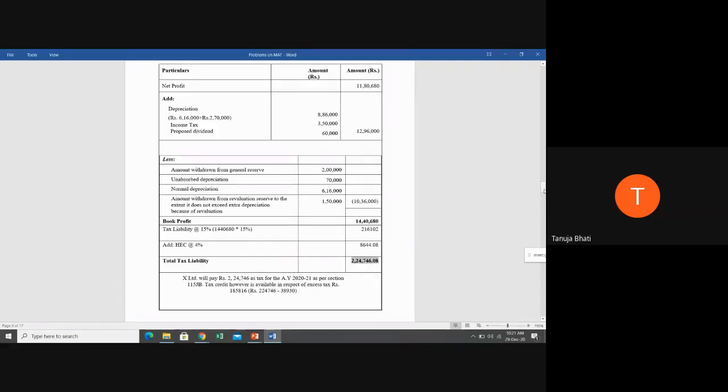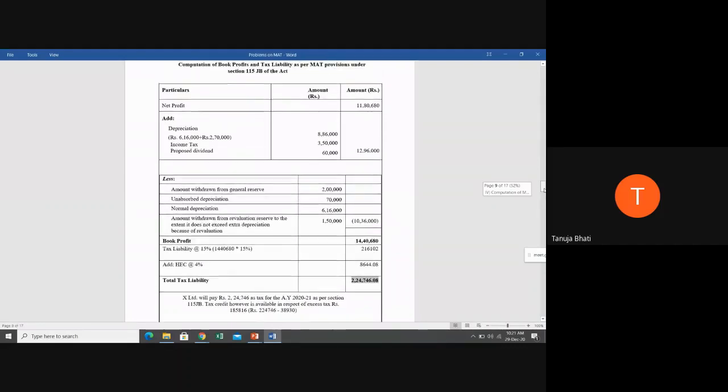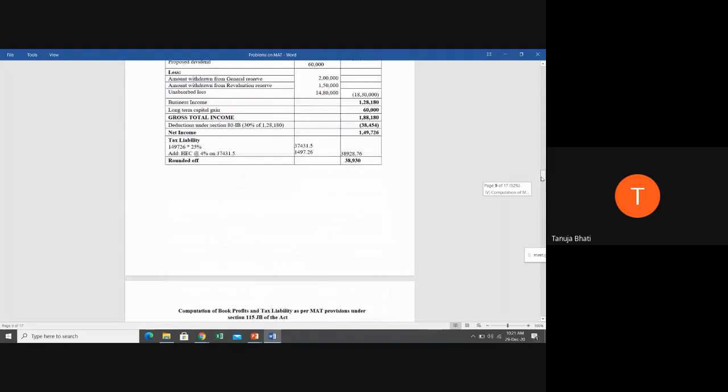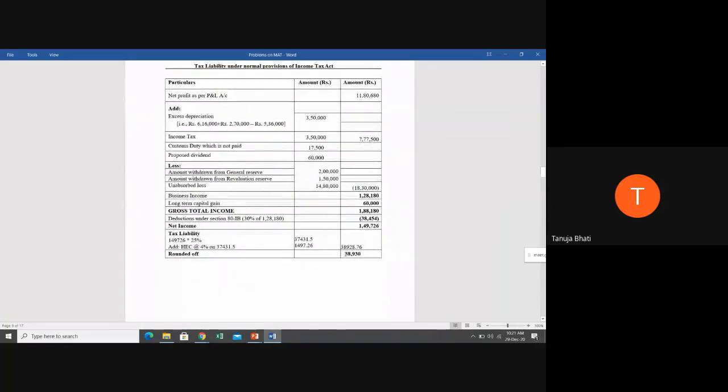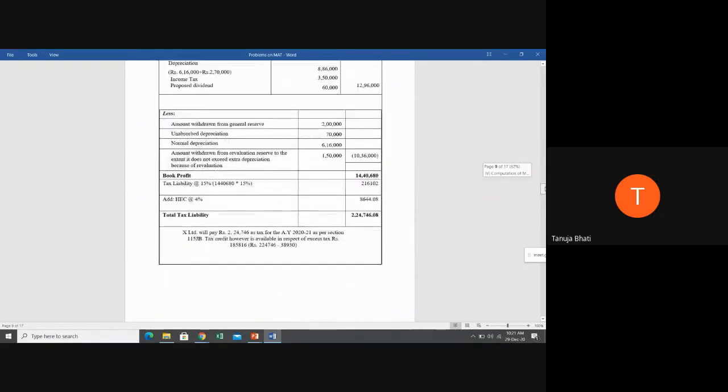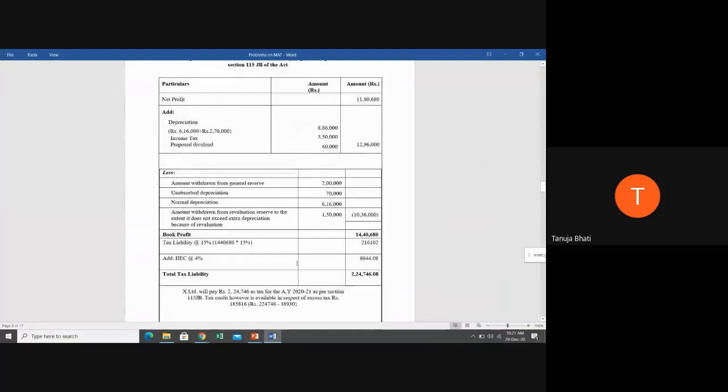So, as per the MAT provisions, the total tax liability is 2,24,746, and as per the normal provisions of income tax, which we saw in our previous lecture, it was 38,930. So, what is the tax that X Limited is supposed to pay? Whichever is higher. Therefore, X Limited will pay 2,24,746 as tax for the assessment year 2020-2021 as per section 115 JB.